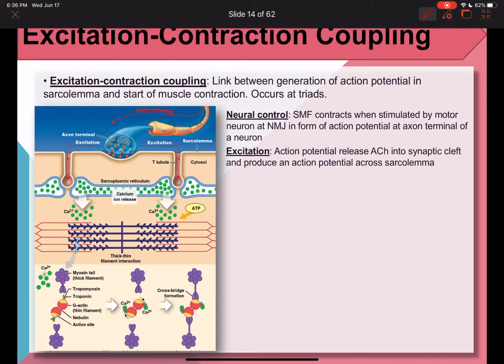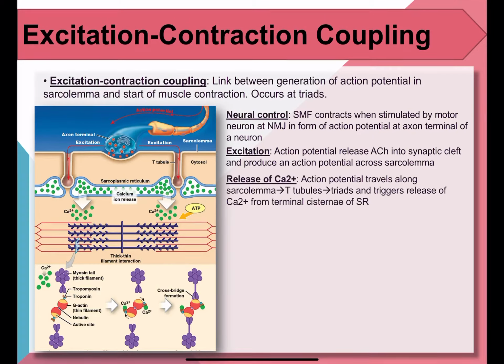The action potential in the sarcolemma will then travel down. This is that sarcolemma right here. That action potential will travel down towards what we call our T-tubule. Remember, we talked about those yellow tubes wrapping around the myofibrils. Well, here is their role.